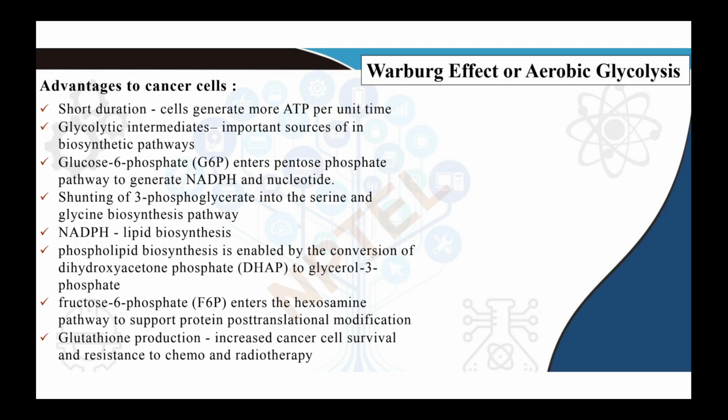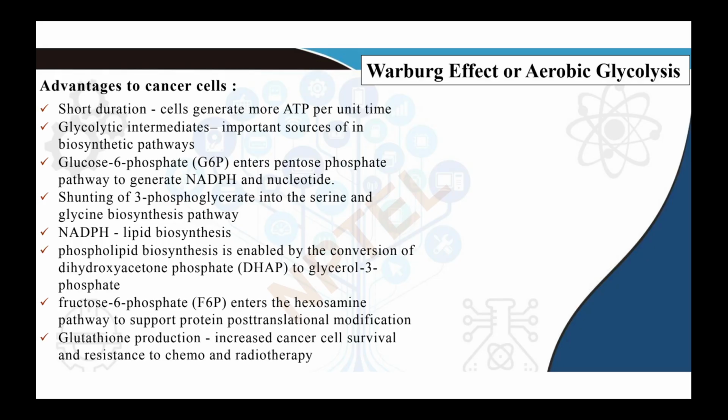So you see, all the intermediates of glycolysis can actually take care of the basic cellular needs that are required for the cell to divide and grow. Only that much is required, and that much can be taken care of by glycolysis, and it can do the whole process in a shorter time than the long energy consuming process.